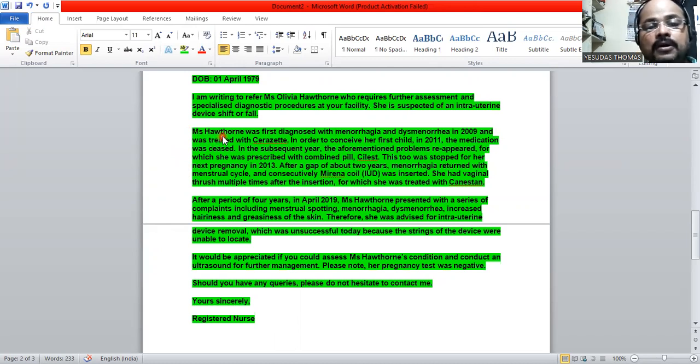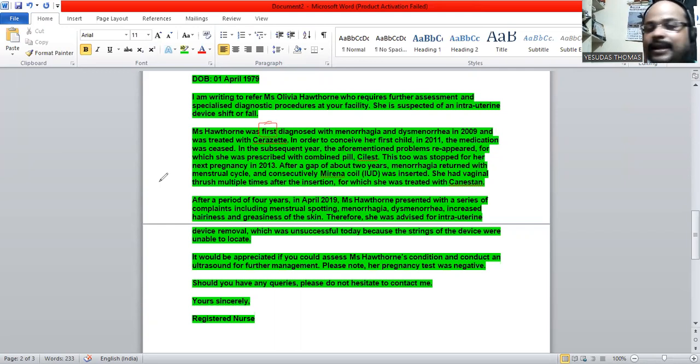Miss Hawthorne was first diagnosed with menorrhagia and dysmenorrhea in 2009 and was treated with SERACID. Now, we have to see the word first, very important here, because she had these problems multiple times. So this was first diagnosed in the year 2009, and the treatment was SERACID.